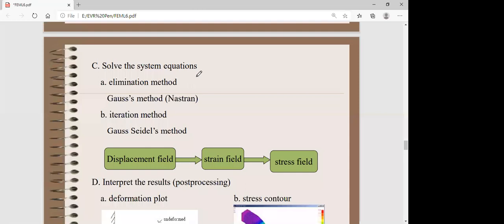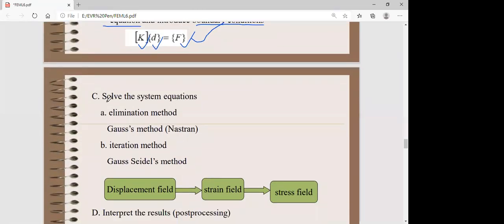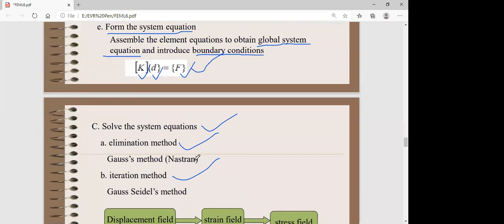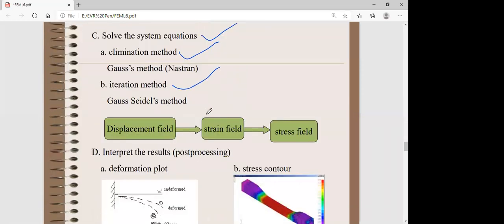Next, after getting the global system equations, there are two methods for solving them: one is the Gauss elimination method, and the other is the iteration method, Gauss-Seidel's method. After solving the system equation, what will you get? The displacement field, only displacements.